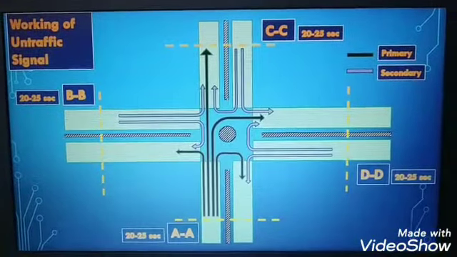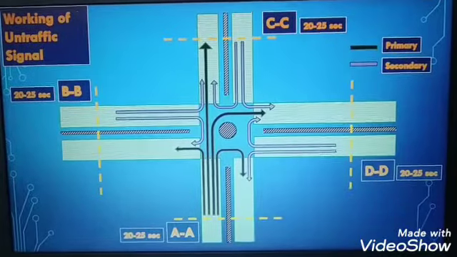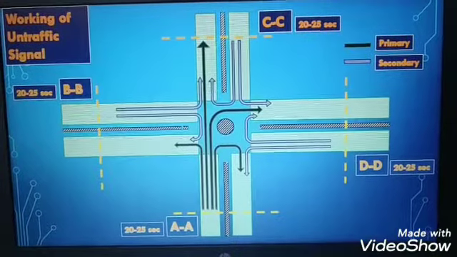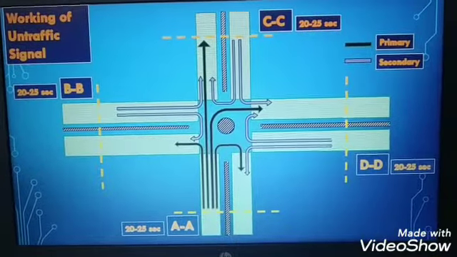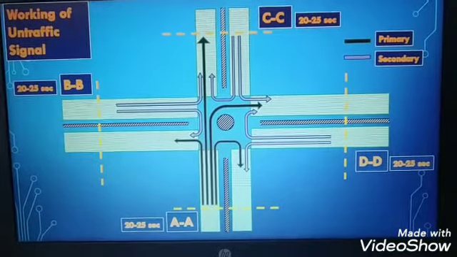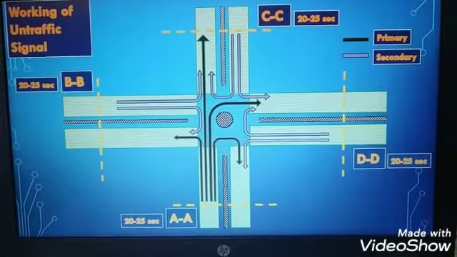They are moving smoothly without any obstacle. So by this I want to show that while AA is primary and enjoying the movement on all 4 sides, other lanes are also active, though they are secondary.